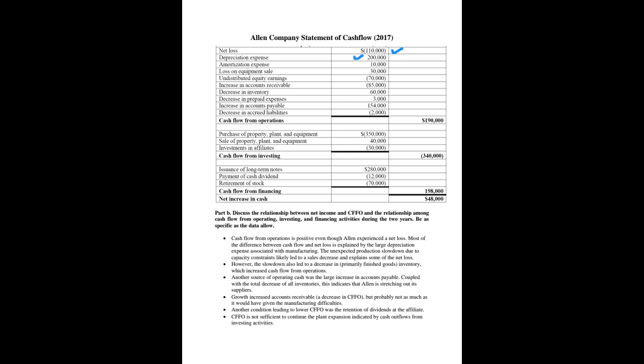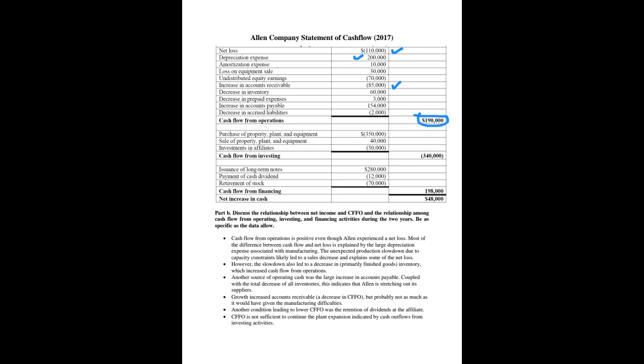The next thing is growth in accounts receivable. There is a decrease in cash flow from operating activities because the company was not able to collect; can you see here, accounts receivable, 85,000 growth is there, an increase in the accounts receivable. It also decreases, you can say, the cash sales, and the company's operating activity is affected because of it. Cash flow from the operating activity is 190,000.